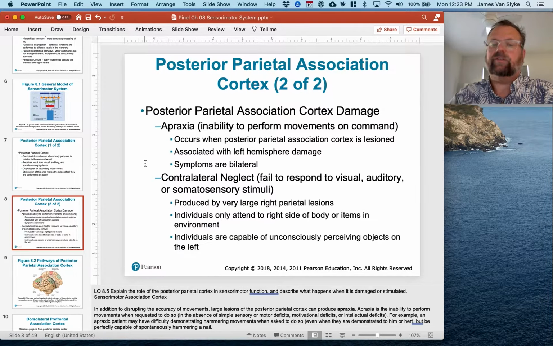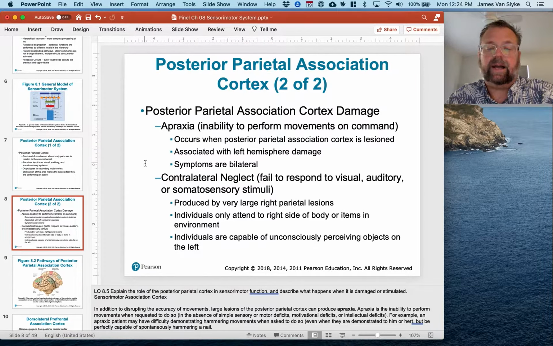This is often produced by very large lesions within the right parietal lobe. And so individuals in this case will only attend to the right side of the body or items on that side of the environment. It's as if they simply ignore what's going on the left side of their bodies or the visual field.